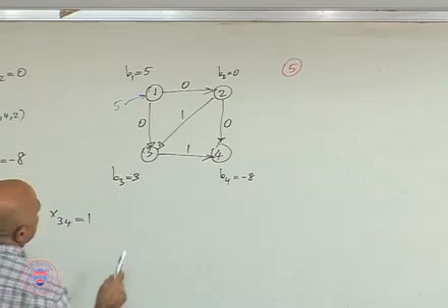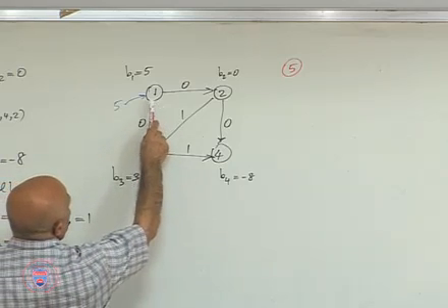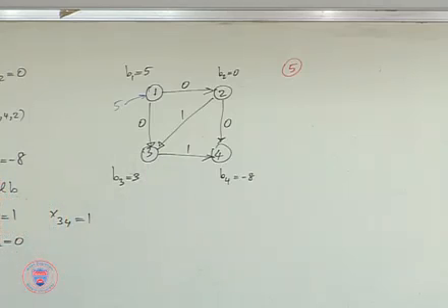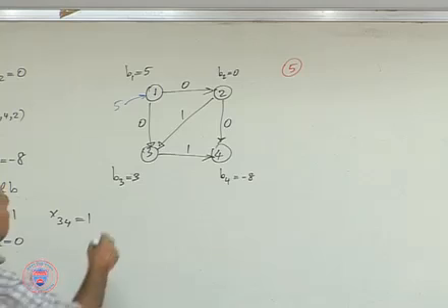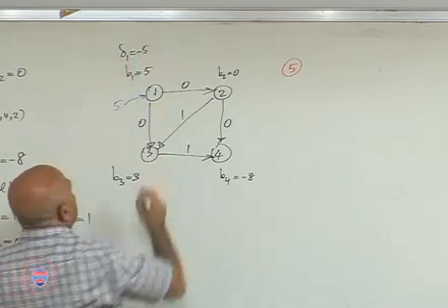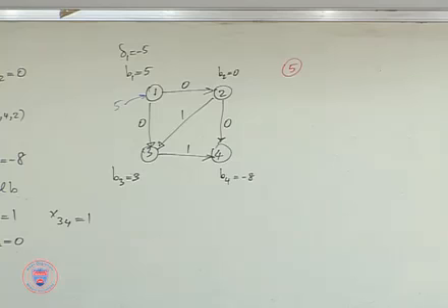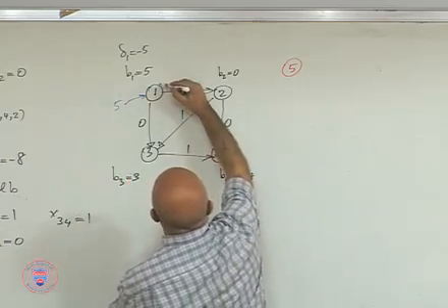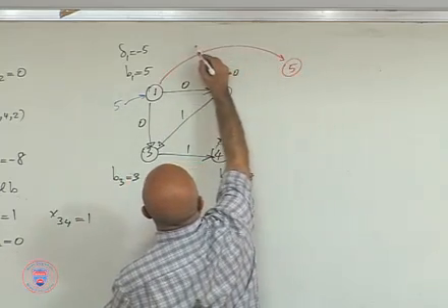So when you compute the net outflow, you have 5 coming in, 0 coming out. So what is the delta value for this one? -5. So what am I supposed to do now, if you look at your instructions? Create an arc from 1 to 5. 1 to 5, okay. So we put an arc from 1 to 5, and how much do we assign?